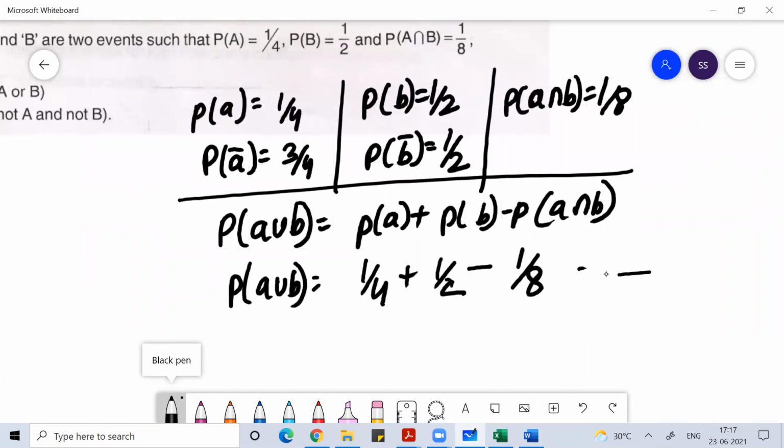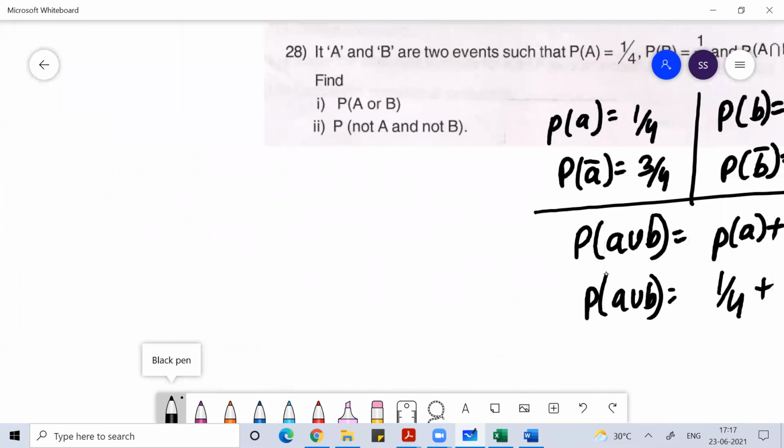Take LCM, LCM is 8. This is 2, this is 4, minus 1. So this is 5 by 8. Probability of A union B is 5 by 8. I hope you understood this. Okay, guys, understand this.